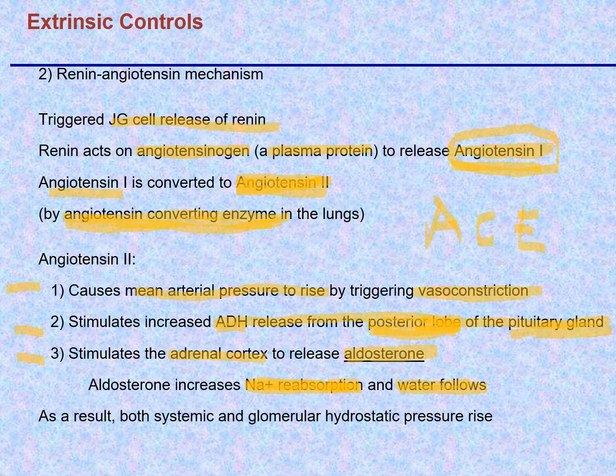It causes systemic vasoconstriction, raising blood pressure, stimulates release of antidiuretic hormone, again helping to raise blood pressure, and stimulates the adrenal cortex to release aldosterone, which triggers increased reabsorption of sodium and water, again raising blood pressure. So both the systemic hydrostatic pressure and the glomerular hydrostatic pressure will rise, and therefore the net filtration pressure rises, and therefore the GFR rises, and you have GFR returning to the normal range.